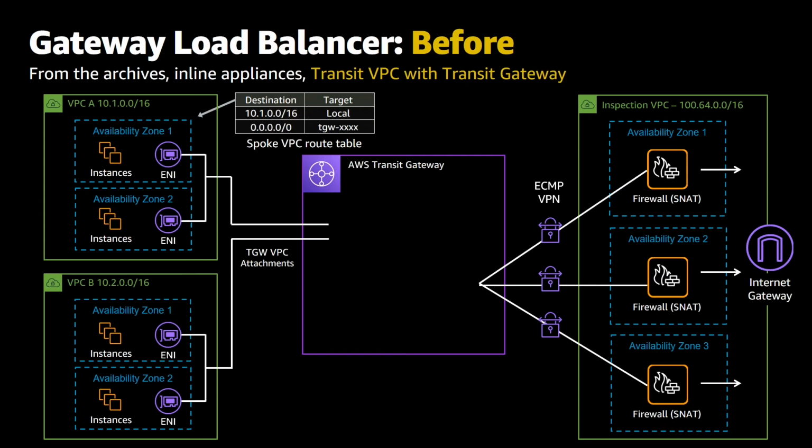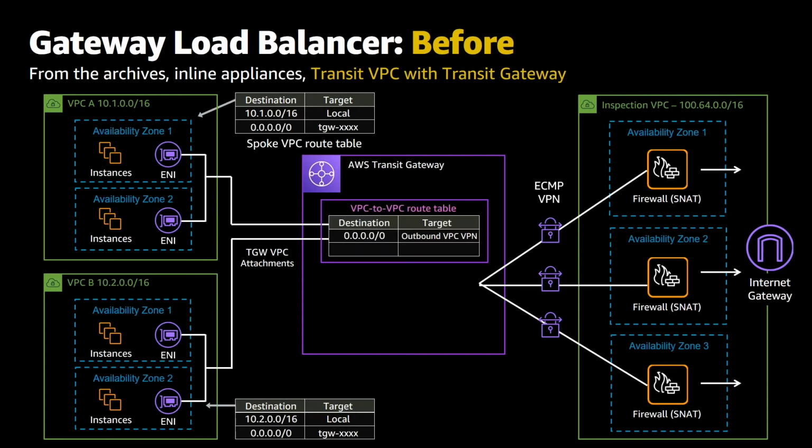So just following the traffic flow here, if my instance on VPC-A wants to go out to the internet, then it will send all the traffic to the transit gateway. And then the same thing goes for the other instance, right? 0.0.0.0/0, I'm going to go to the TGW.